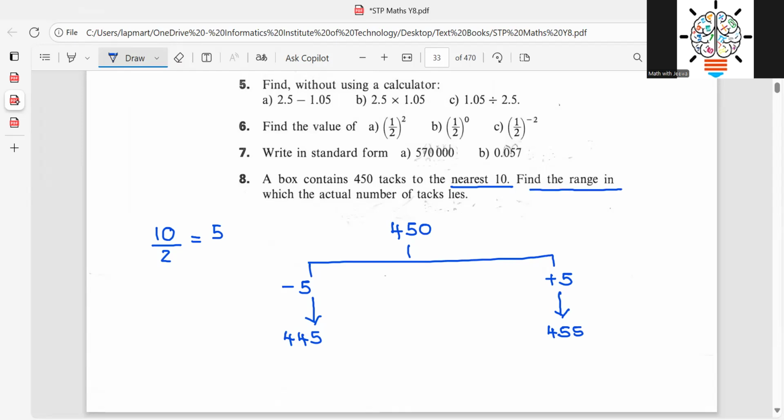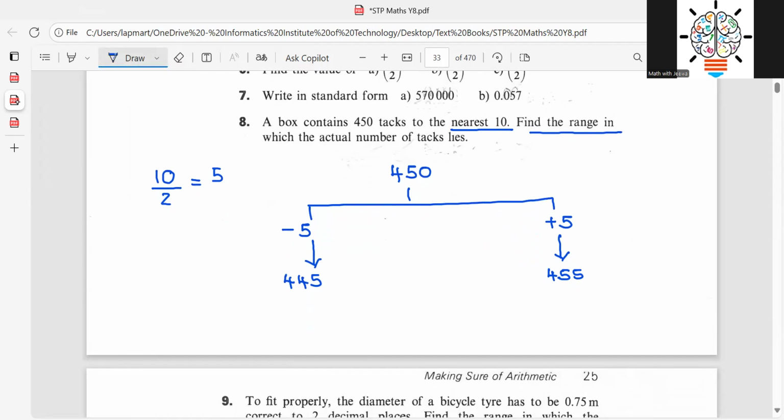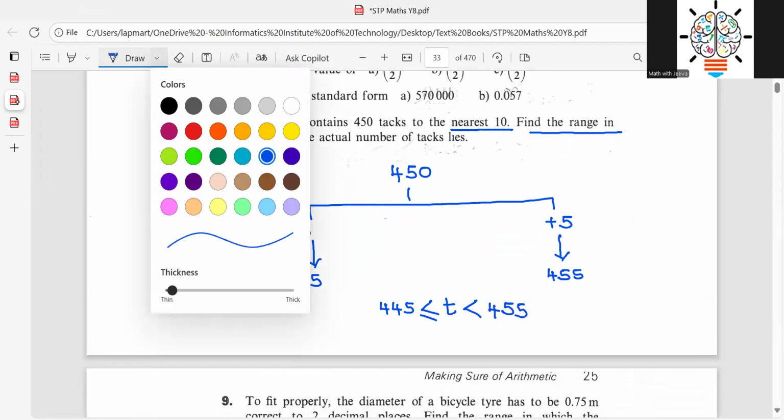Range of what? The box contains 450 tacks. So here you can use any symbol. Here I use T for tacks, right? So here it can be 445 or more than that, but definitely it should be less than 455. Shall I show you how it works, children?